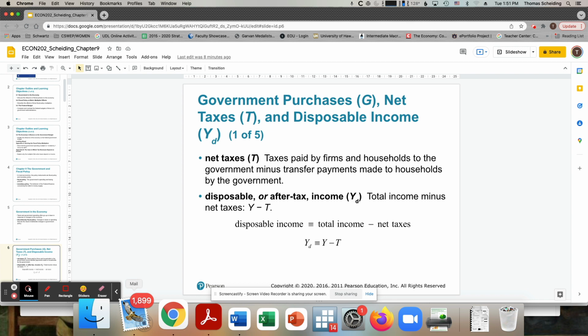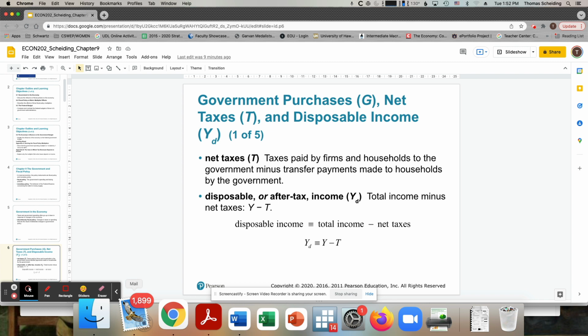So as a household or even as a business, there are two interaction points. You can tax less so that people have more money, or you can increase the transfer payments, meaning you give families, households, more money that they can then spend.